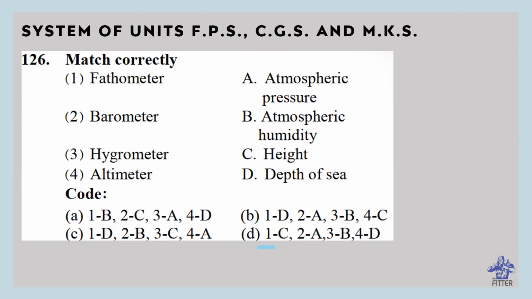Here he is asking about matching the following. Fathometer is depth of sea, that is D. Barometer, atmospheric pressure, that is A. Hygrometer, atmospheric humidity, yes, B. So remaining is C. Altimeter is height.